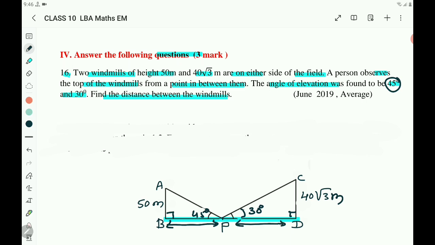To find BP, use the right angle triangle ABP. To find PD, use the right angle triangle PCD. By using this right angle triangle, we can get the value of BP, and by using this right angle triangle, you can have the length of PD, and by adding BP and PD, you will get the distance between the windmill.